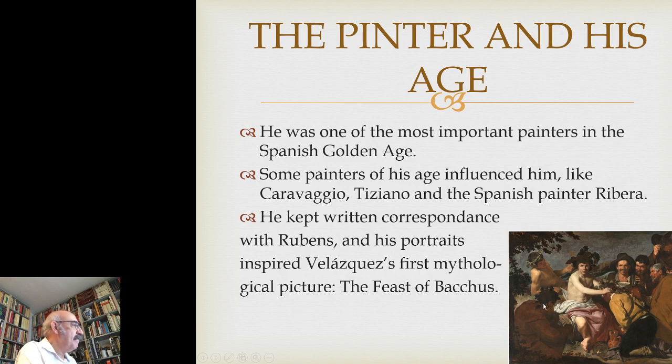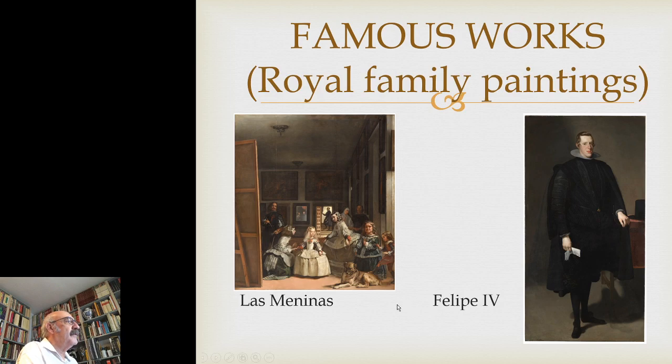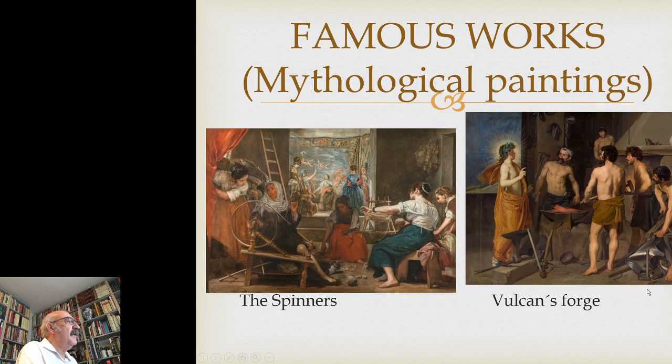Okay, good. So Meninas is one of his most famous works, and King Philip IV. Good, very good. And these are mythological paintings. We talk about the Forge of Vulcan. Okay?